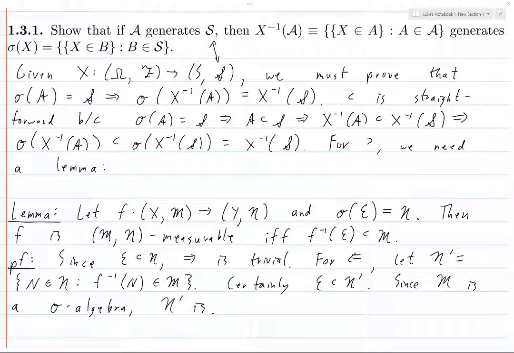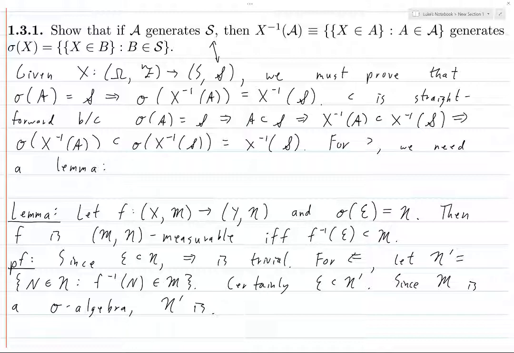When you're talking about functions, inverse images are not nice because they might not exist. You might not have a function which is one-to-one or onto. However, when you're talking about sets, inverse images are actually really nice because inverse images preserve a lot of set operations. Namely here, inverse images preserve complements and unions.